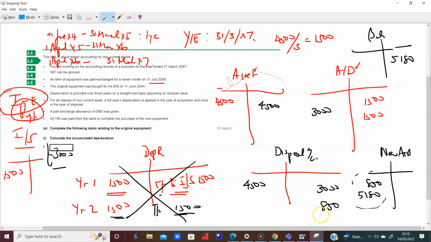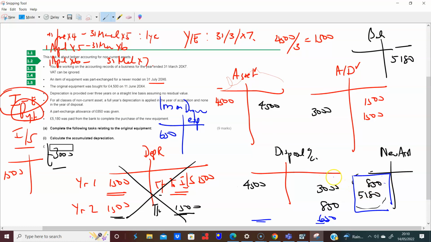That would be the difference of 650. So that must go into a loss account, loss on disposal of 650. This closes, of course, because we're not going forward with it. We no longer have the car with us, and this is an expense in your income statement. So the value of your new machine must be 850 plus 5,180.